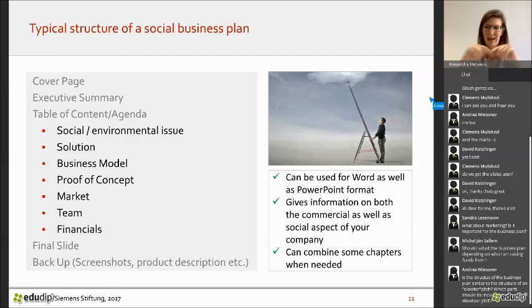So it cannot be that you end up with the second part of your elevator pitch and the third part doesn't match the one before. So you need to be very, very coherent in how you put that up. And the storyline that you tell is very similar to the business plan. I would definitely start with the question, why am I doing this?